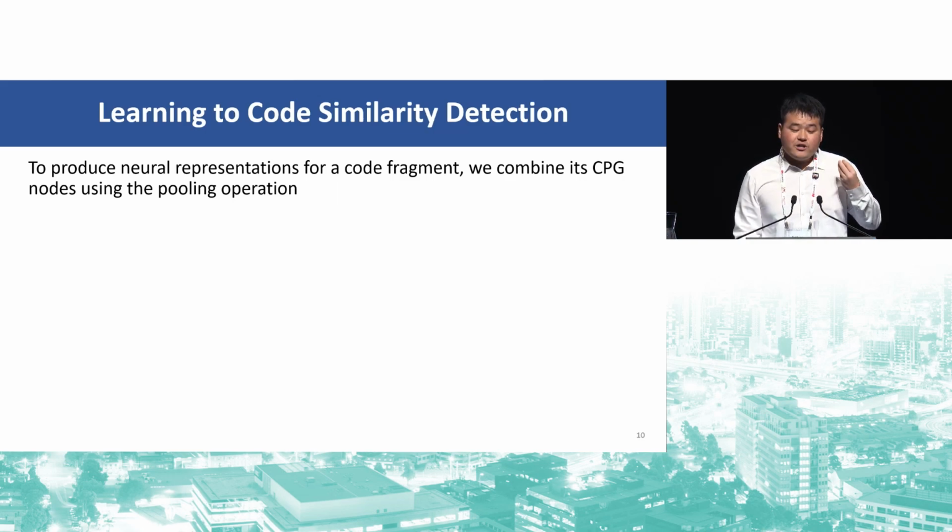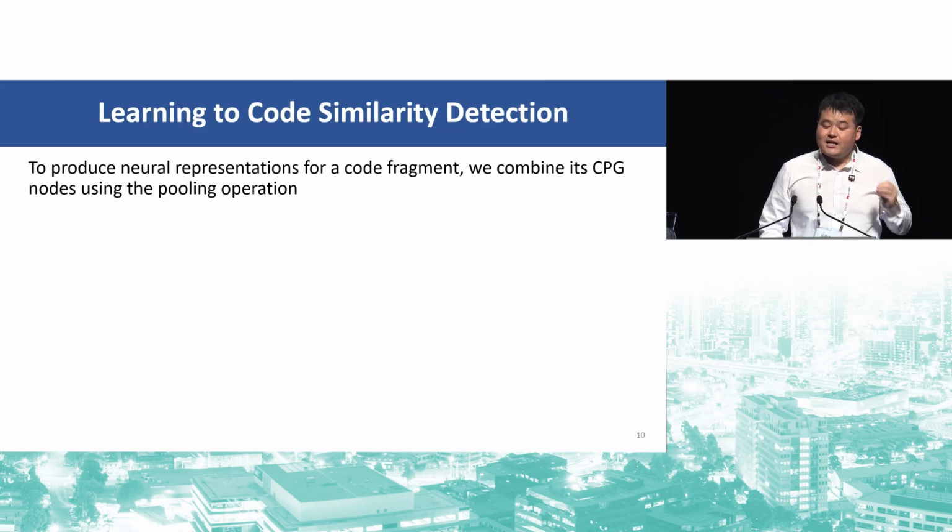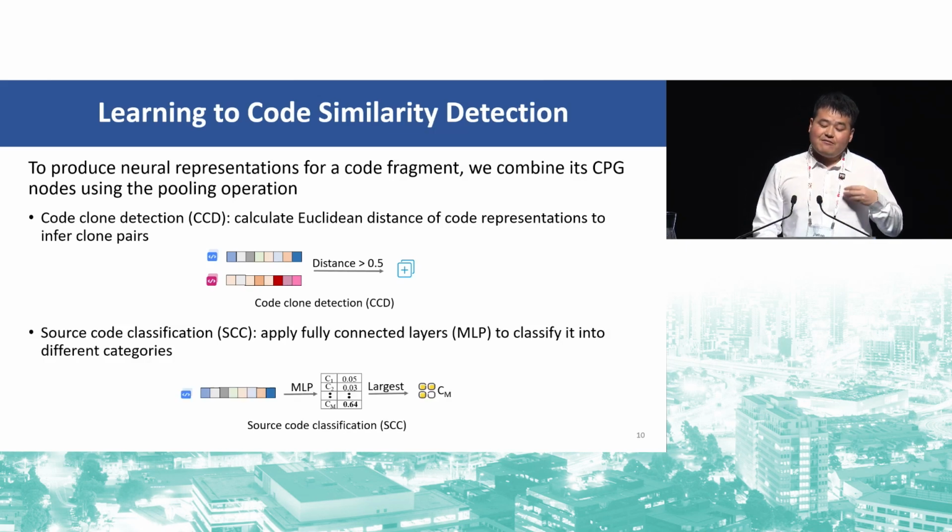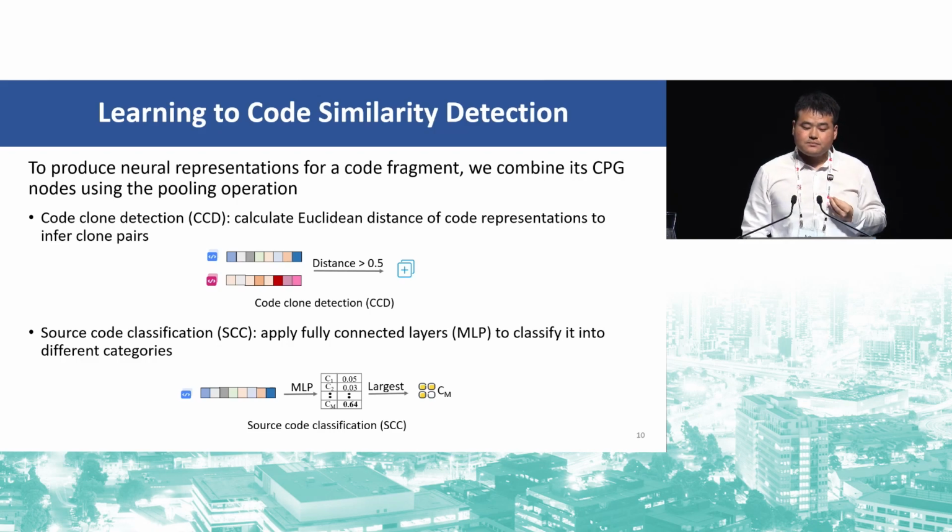With the neural representations, we can do code functional similarity detection. For code clone detection, we calculate the distance of code representations to infer clone pairs. For source code classification, we apply fully connected layers to classify code into different categories.